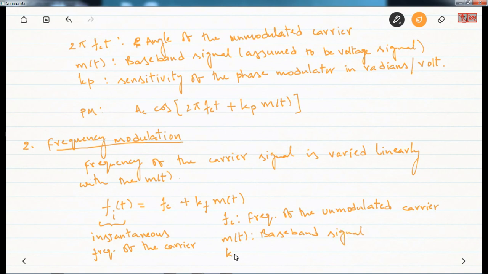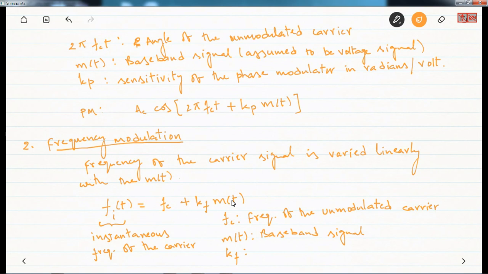And kf is the sensitivity of the modulator. It is radians per volt again. Sorry, it is hertz per volt because it's frequency.